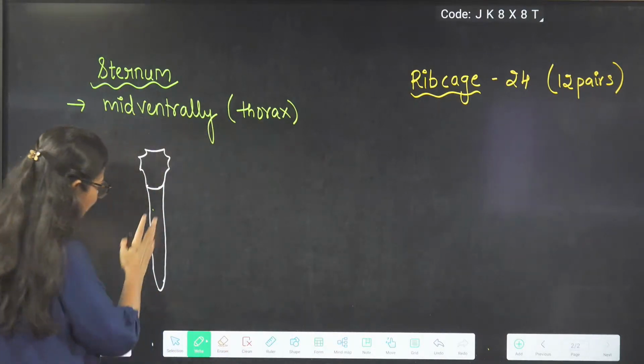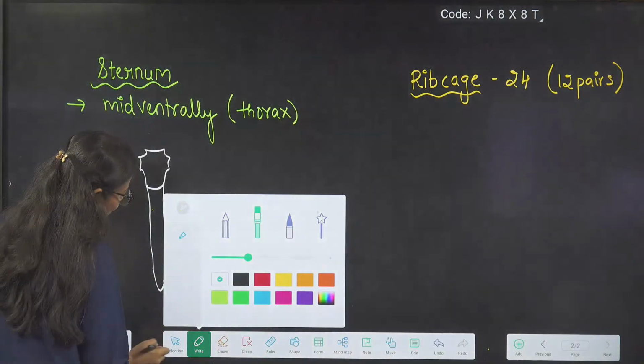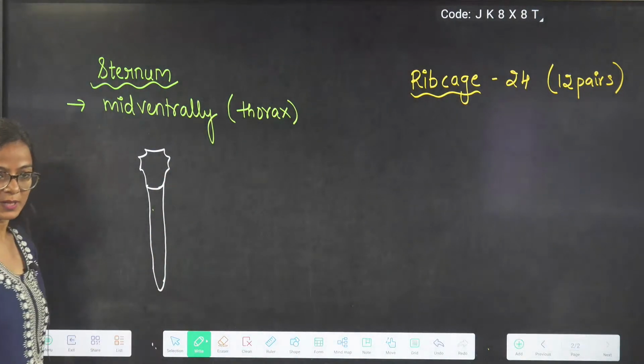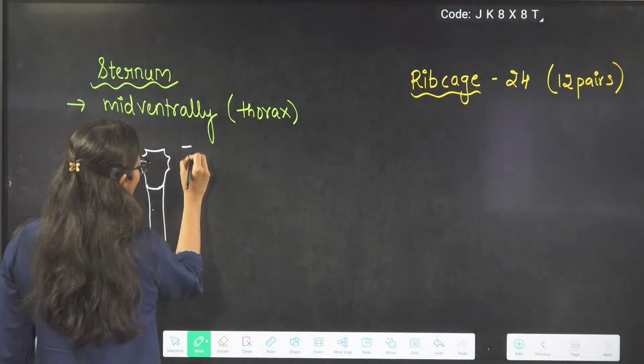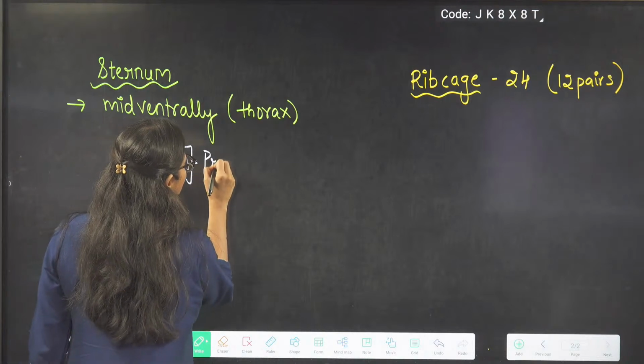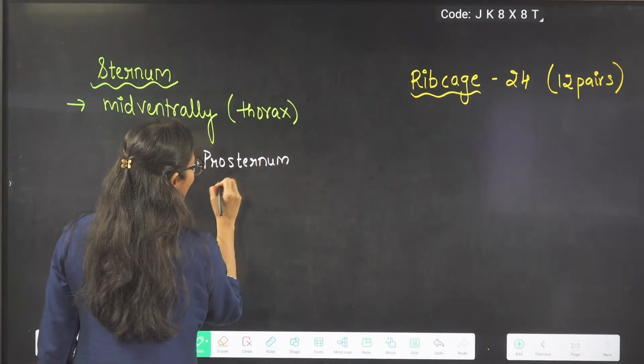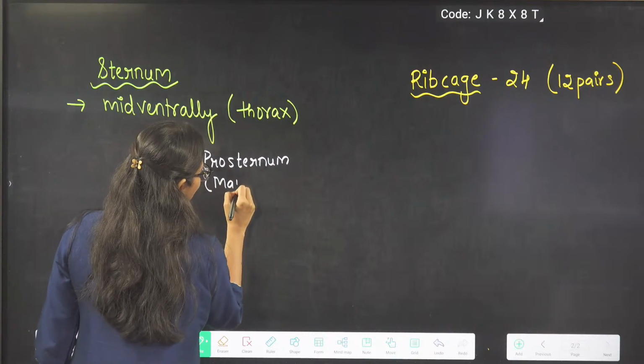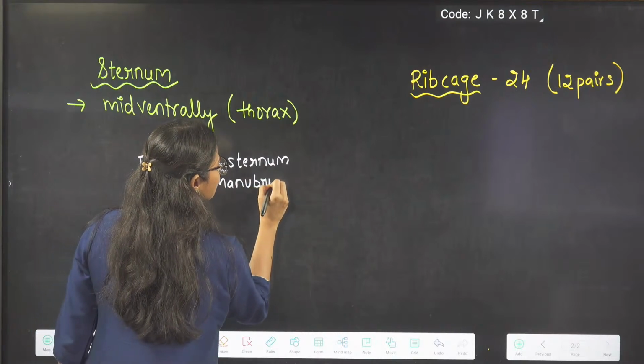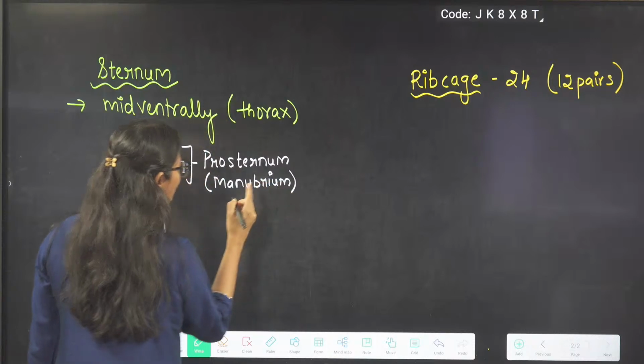Now, this structure of the sternum can be divided into three parts, right? The first upper part is called the prosternum, or it is also called the manubrium, right? Prosternum or manubrium.